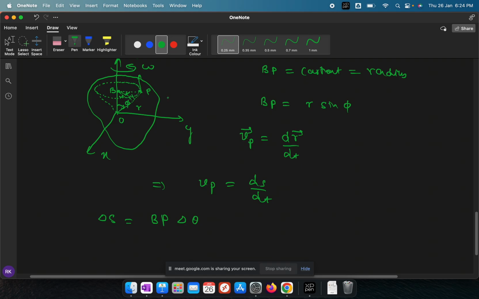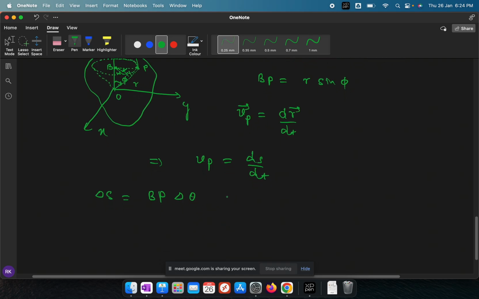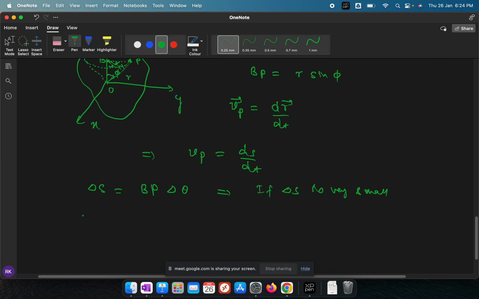Now if delta s is very small, can I write Vp equal to BP times d theta by dt?